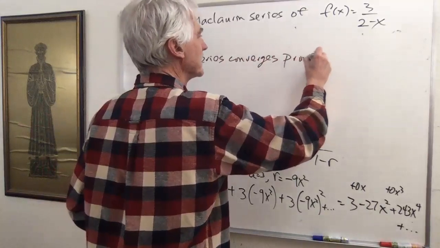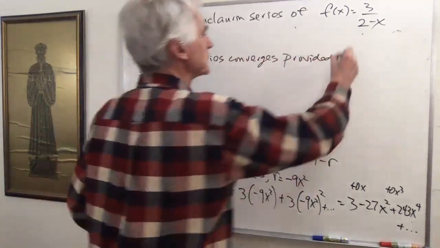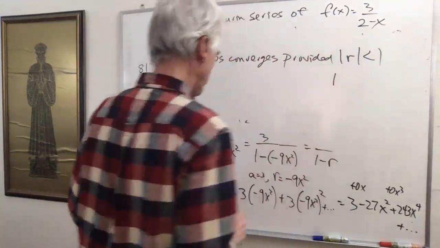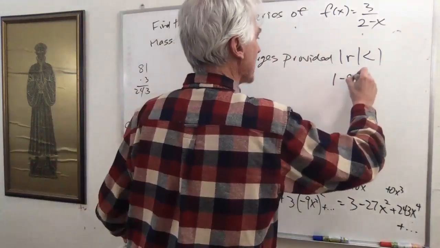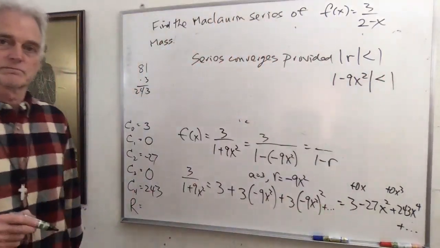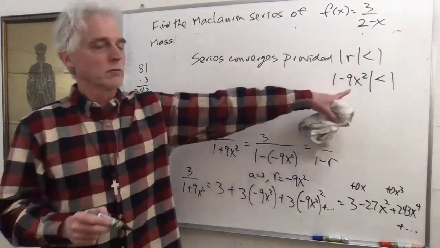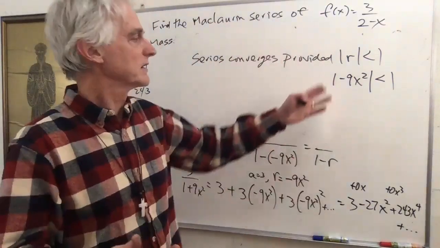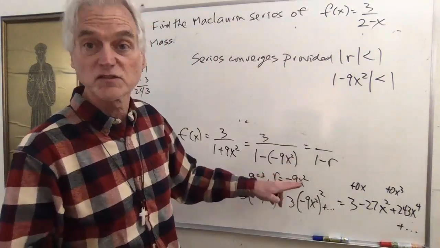Converges provided absolute value of R is less than 1. In this case, its absolute value of minus 9x squared is less than 1. Okay? So write that down. Don't try to do too much. It's just the absolute value of R is less than 1. Okay? In this case, R is minus 9x squared.